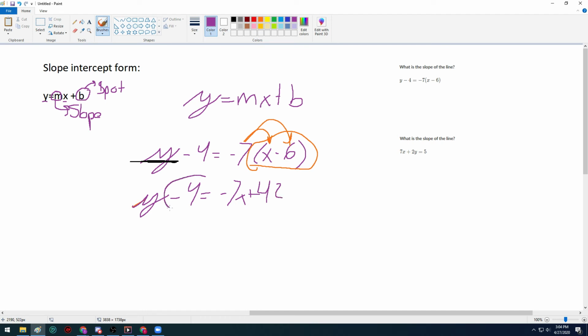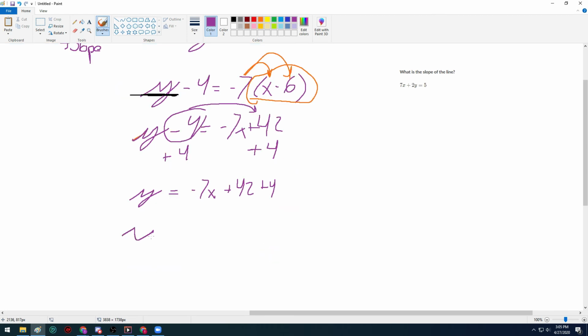Now we can bring this 4 over. The opposite of subtracting is adding, so we're going to add 4 to both sides. So our y is going to be equal to negative 7x plus 42 plus 4, which gives our final answer: y is equal to negative 7x plus 46.